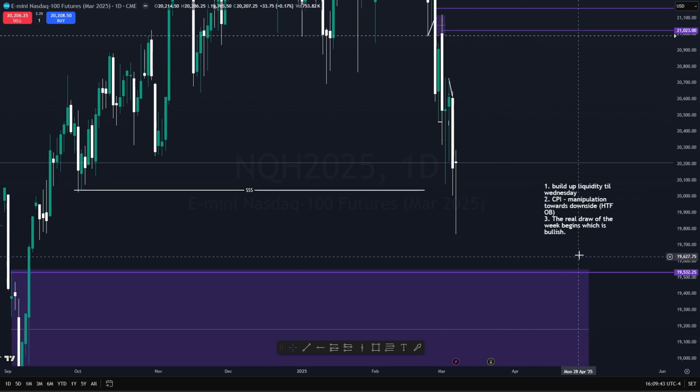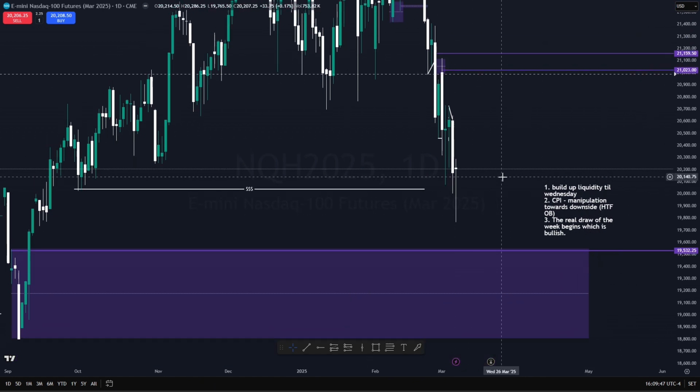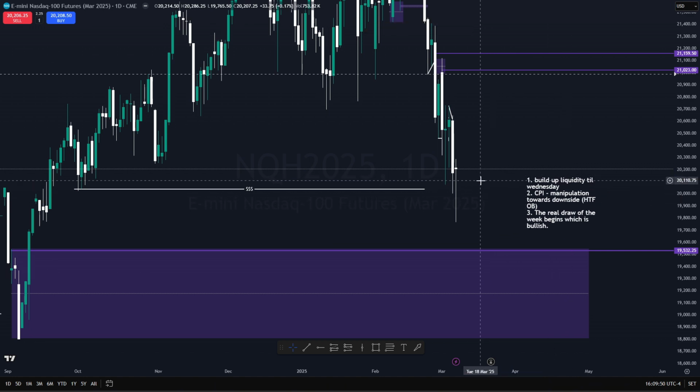That's what I predict. So trade from Wednesday and onwards for best results, because before that, it's just going to be building up liquidity.